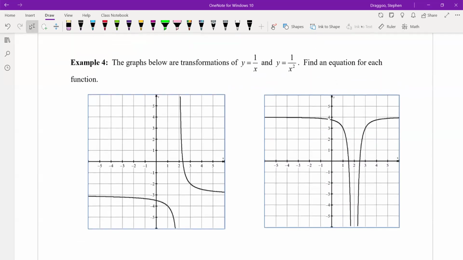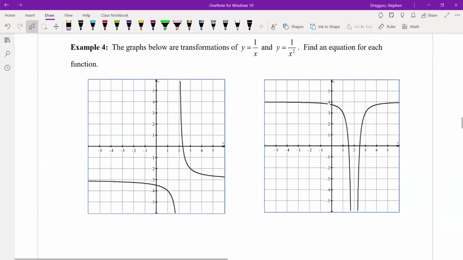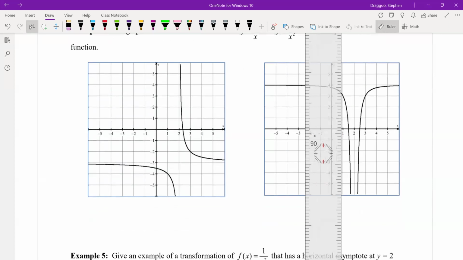All right, so if these two graphs are transformations on 1 over x and 1 over x squared, and I wanted to come up with equations for those two, well, all I need to do is find my asymptotes.